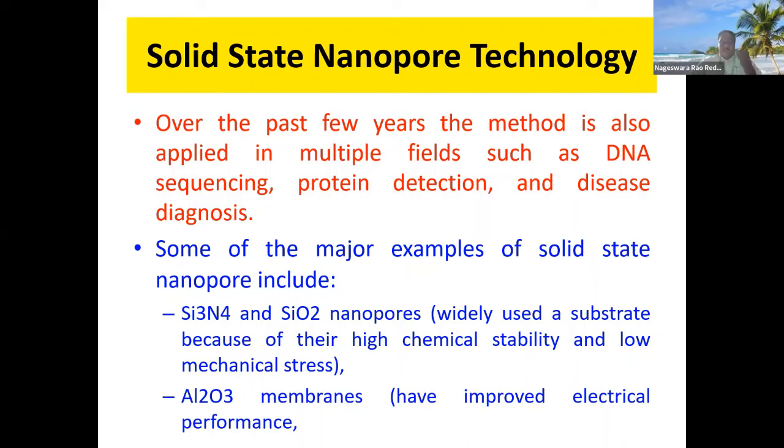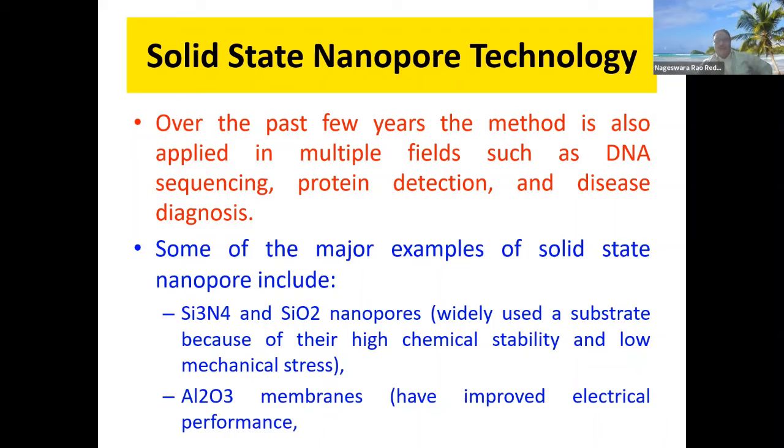And what it gives is, while using silica, more chemical stability is there and mechanical stress is reduced. While using aluminum oxide, more electrical performance was there. That is, we said that DNA is moving through this nanopore, electrical pulse will be generated. And that has improved a lot when you use aluminum oxide.